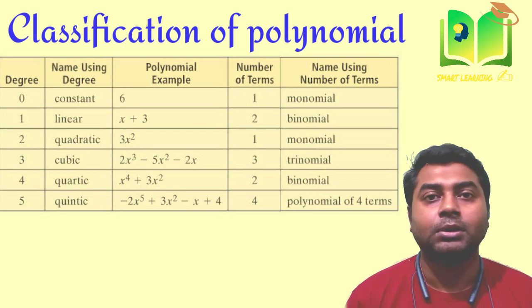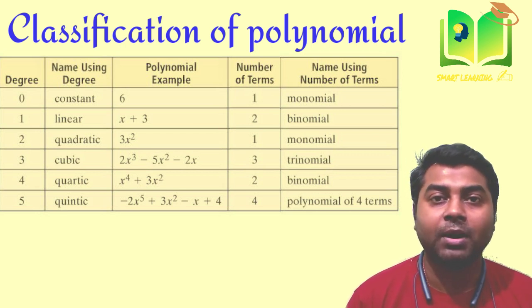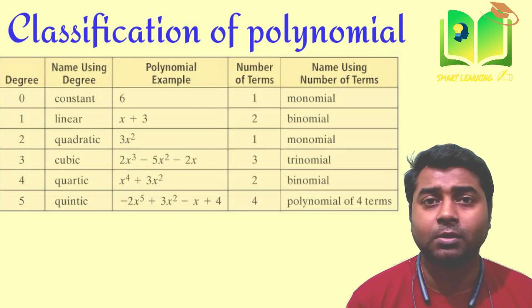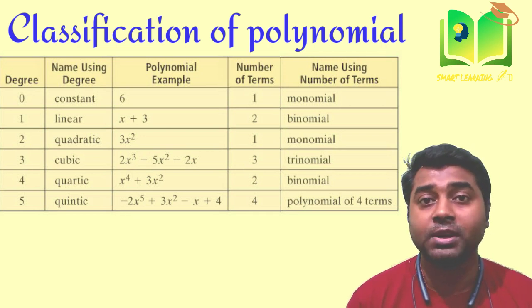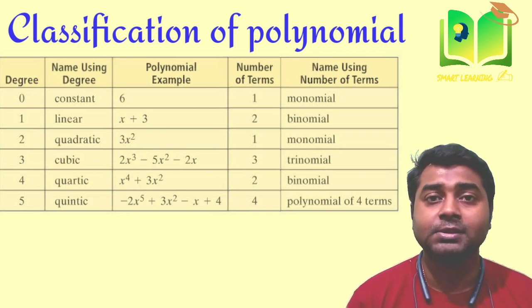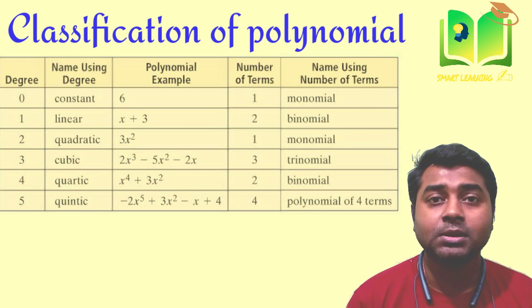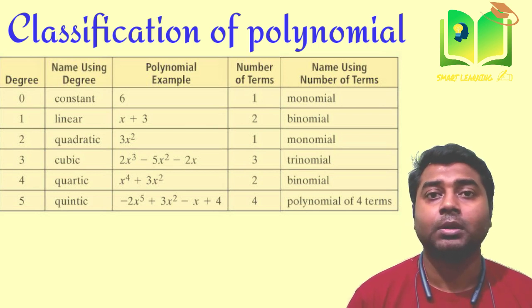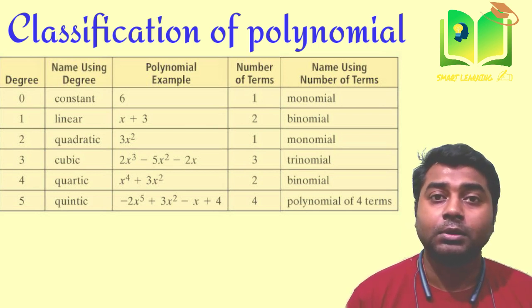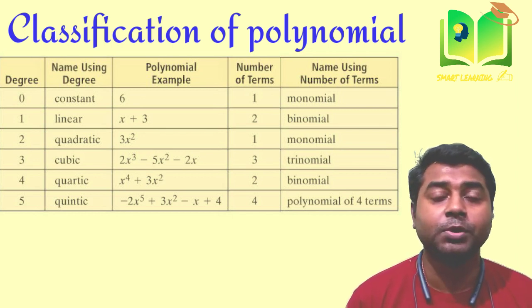Now third, if the power is 2, suppose 3x square or 2x square plus 2x plus 5 like this, see the degree is 2 here, at that time we will say the polynomial is quadratic. If the degree is 3, then we will say it is a cubic polynomial.